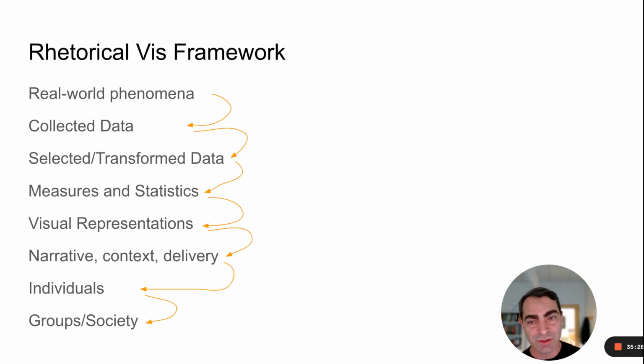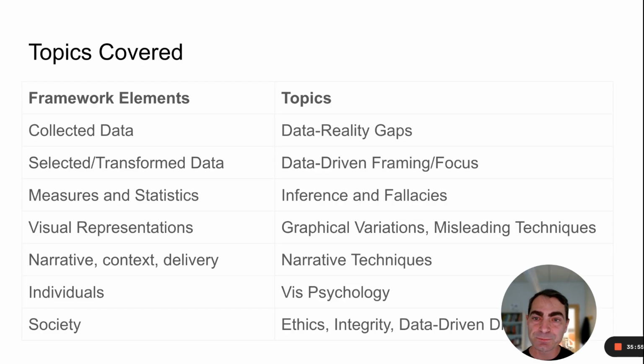And so there's the societal level of the impact that your visualizations have, not only to specific individuals, but also to groups of people or to society at large, right? Imagine even within an organization, if you work in an organization, you want to be able to reason about not only the individuals you are communicating to, but also the groups of people that are within your organization.